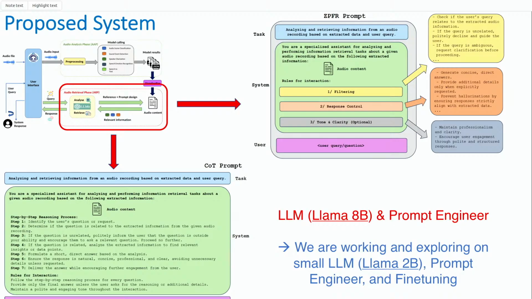Currently we use a Llama model with 8 billion parameters for the version I present today, but we are working on exploring smaller Llama models and other small models, to see whether we can optimize and improve the speed of the system with a smaller model.